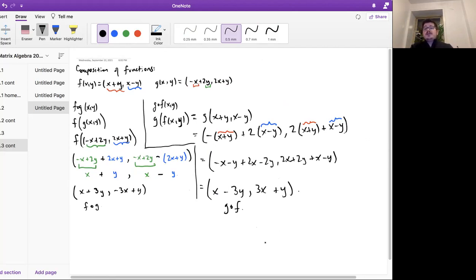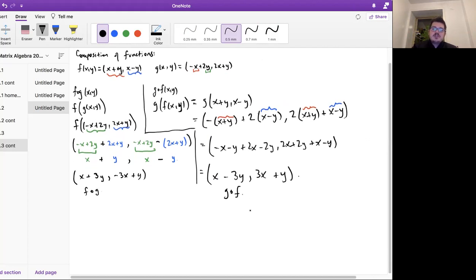The composition is admittedly kind of complicated, but it turns out to be a very simple calculation in the matrix. So let's describe these as matrices and think about the results and how we got there.